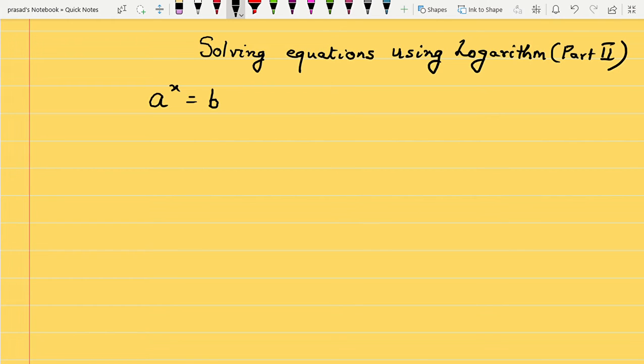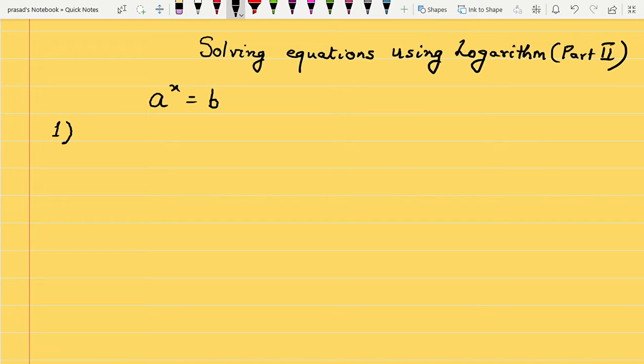We take logarithm on both the sides and by using the power law, get x down and solve this. So now, today we'll see some other type of problems which we can easily solve using logarithm.